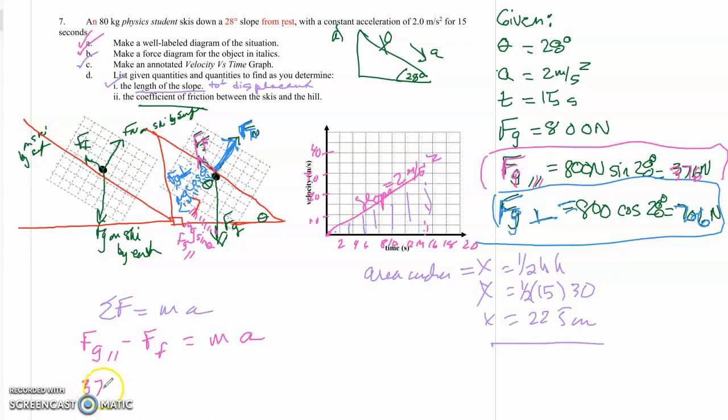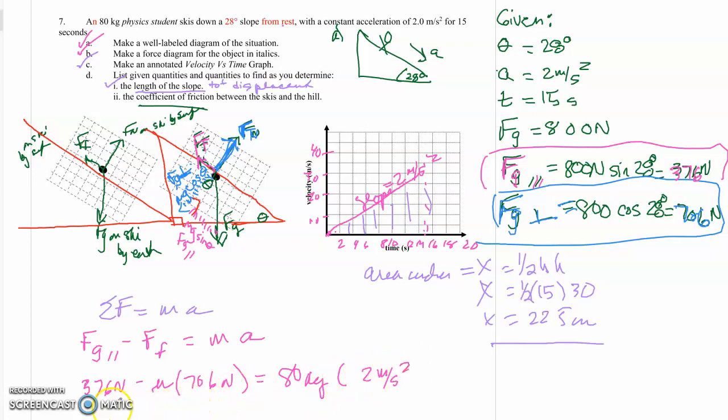Yeah, so 376 newtons minus mu, and force normal is the same as force perpendicular, so that's 706 newtons, equals mass, which is 80 kilograms, times acceleration, which is 2 meters per second squared.